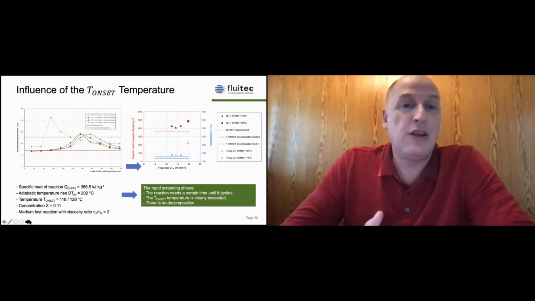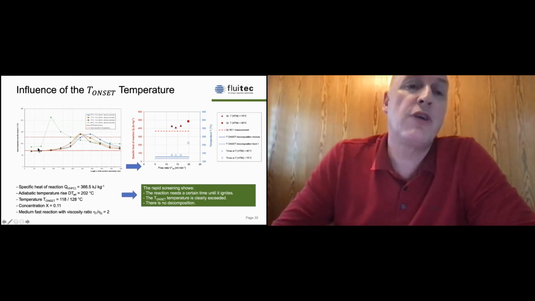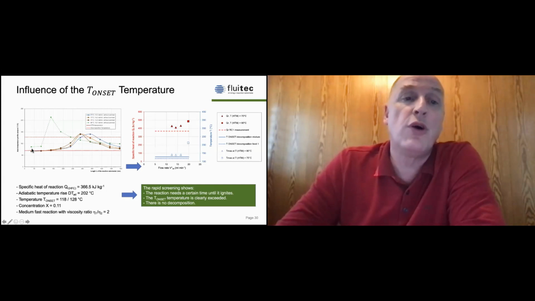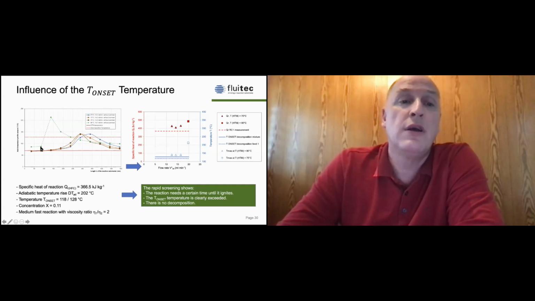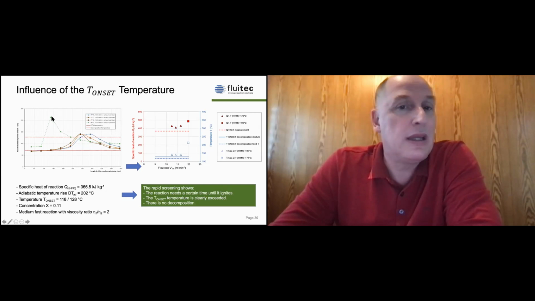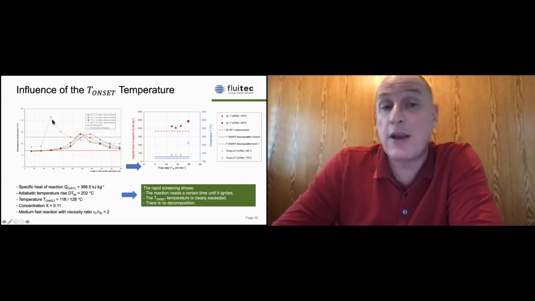This is another picture. Here we wanted to realize a runaway scenario. So we were running the reaction at 90 degrees C, so almost 40 degrees over the normal temperature at which we were running the reaction. And the peak was going up to 217 degrees C, so quite high, but we didn't have a decomposition.